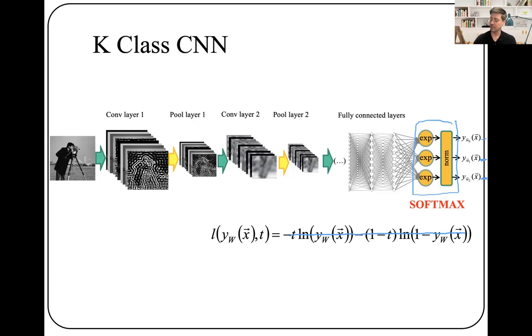It's not exactly like this. Now we're going to sum over the different classes. So K-class cross entropy is almost the same as this one, except we have to sum over the classes now.